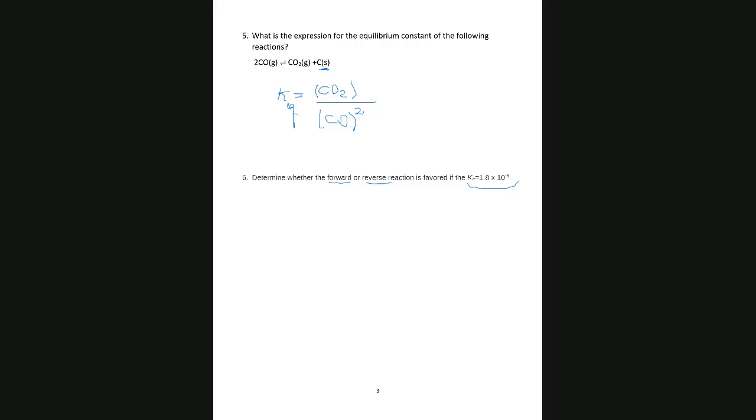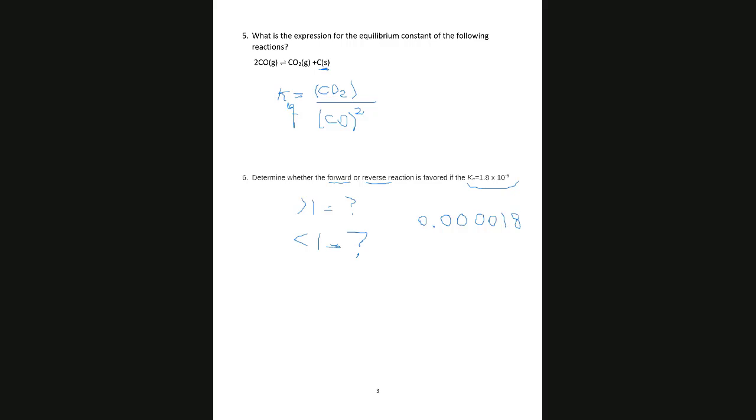We have to look if the value is higher than 1 or is it smaller than 1? What number is it raised to the -5? So that means 0.000, exactly, 1.8, 1, 2, 3, 4, 5, is smaller, exactly smaller than 1.